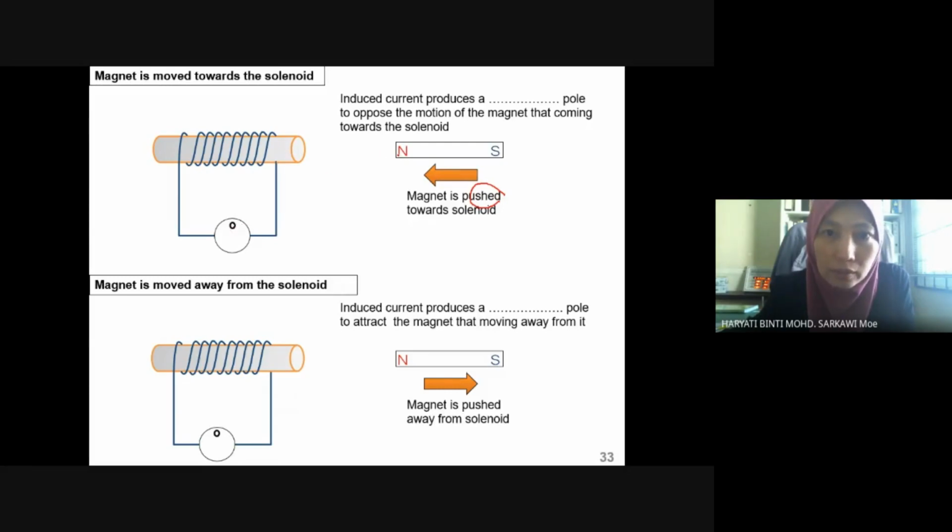When the magnet moves towards the solenoid, current is produced, and the direction of the current tries to oppose the change that produces it, which is the north pole here. So here will become a north pole, and if here becomes north pole, here will be south pole.